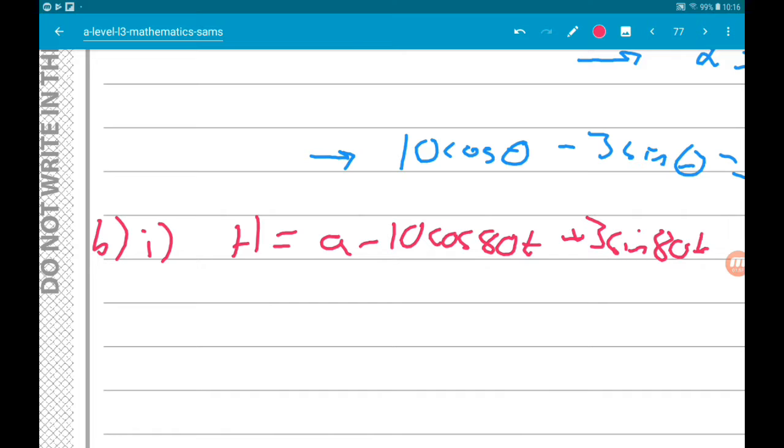That happens when t equals 0. So t equals 0 implies h is equal to 1.